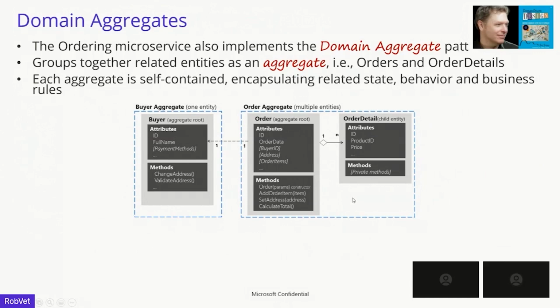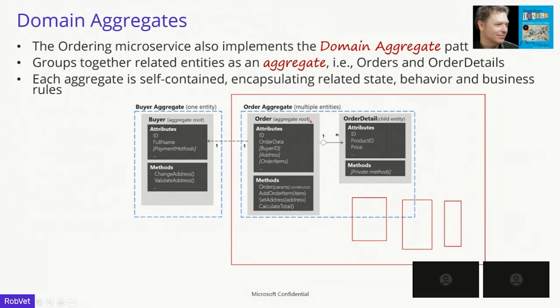We might have maybe an order category class and some other classes that pertain to order. These would all live within this order aggregate class. So everything order lives within the aggregate. So again, we're containing or putting together all of that. So each aggregate is self-contained. We're encapsulating everything inside of it.